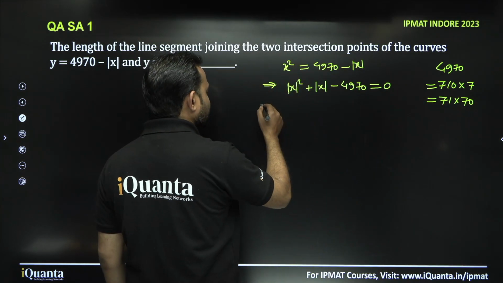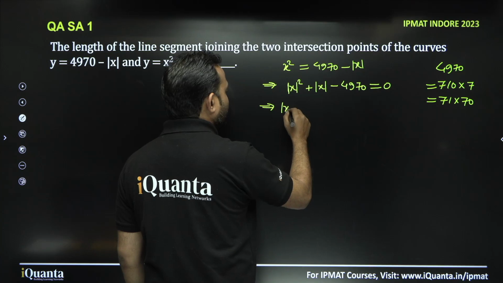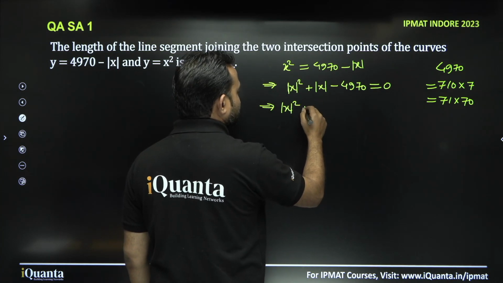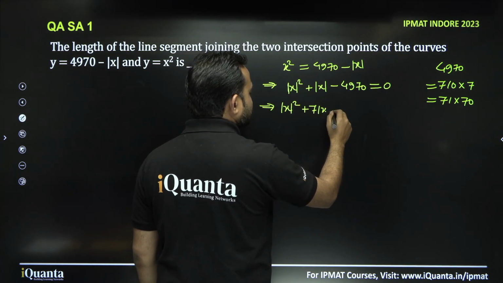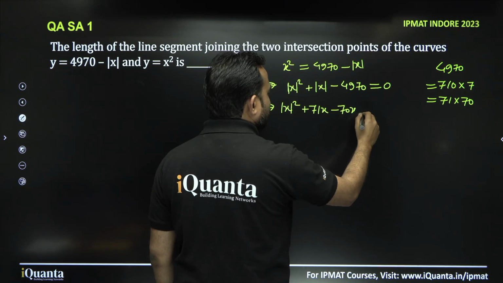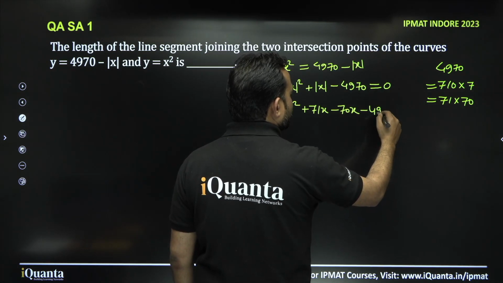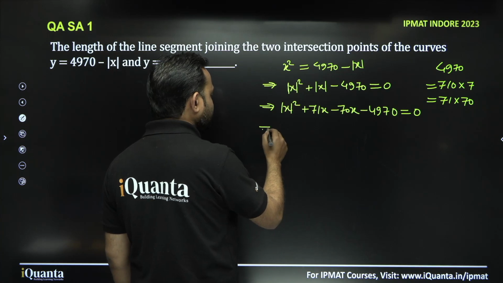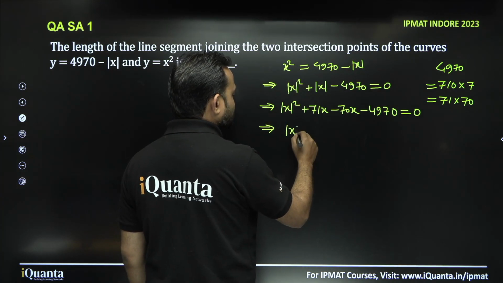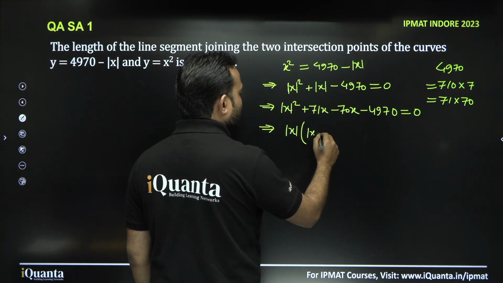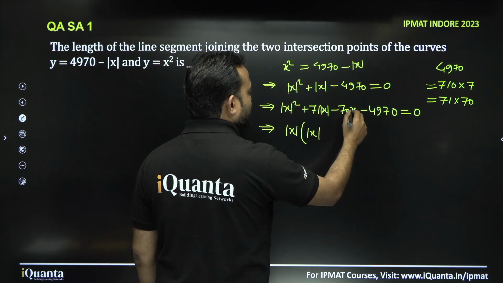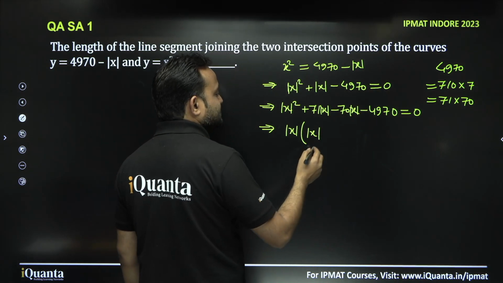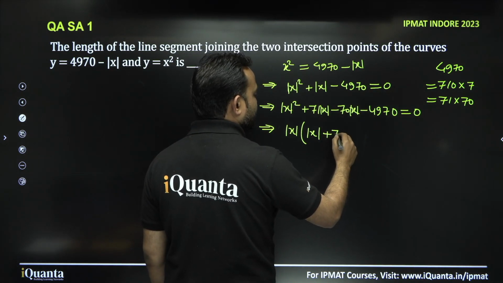So I can write it here as mod of x whole square plus 71 mod x minus 70 mod x minus 4970 is equal to 0. Now take mod of x common. What do we get? Mod of x plus 71.